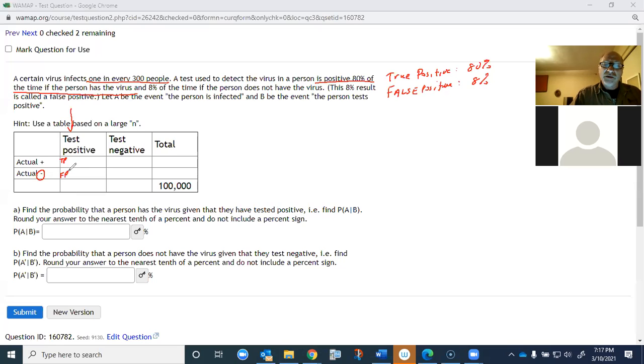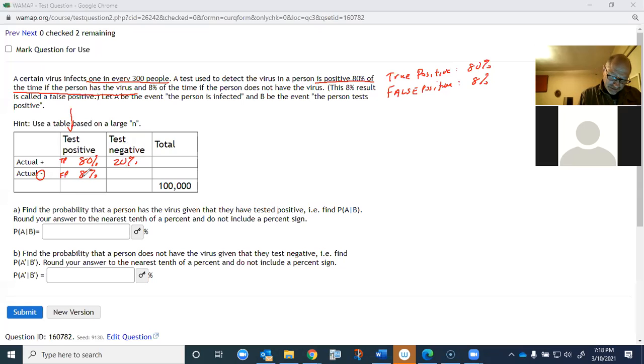On the other hand, I'll put 80% here and 8% here. If 80% are actually positive, the ones who test negative will be 20% of those who are positive, okay?